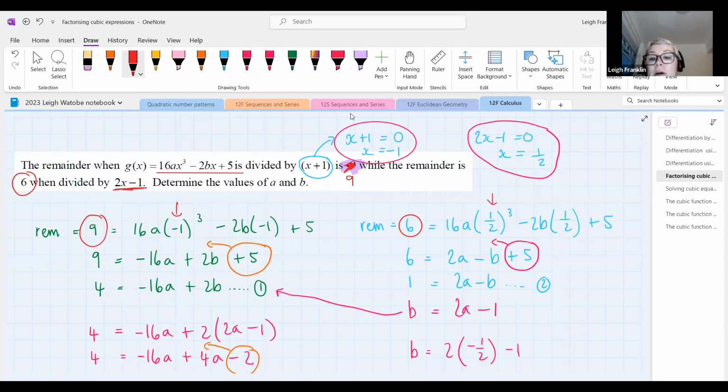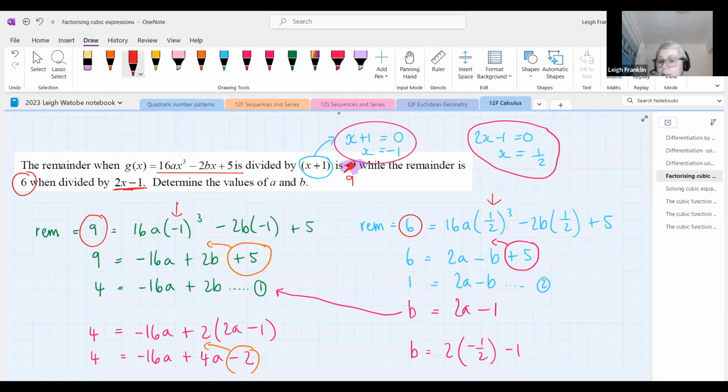That's why I've subbed a half in over there. Then I've made 2 equations in terms of A and B and solved them simultaneously. I rearranged to make B the subject of the formula, and then subbed back into the first equation.